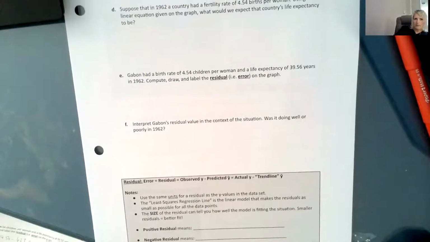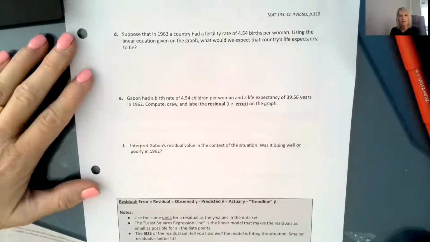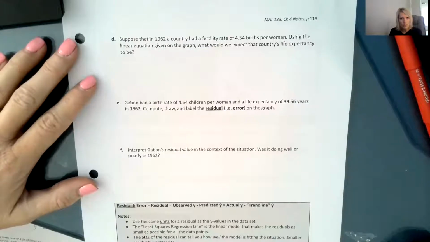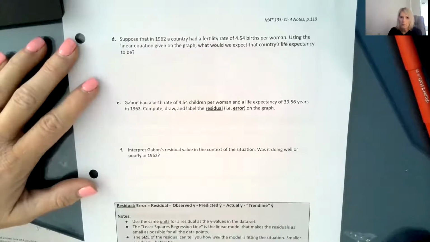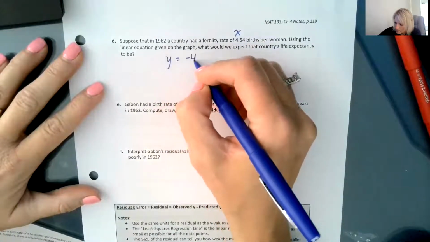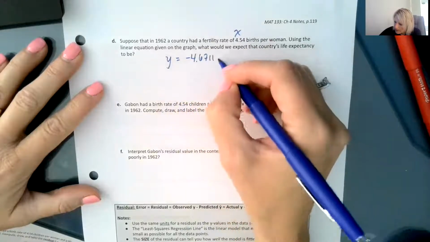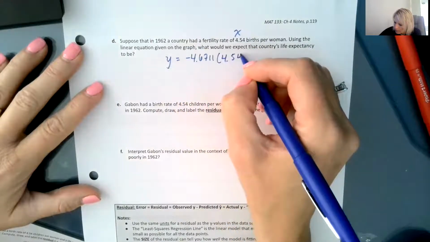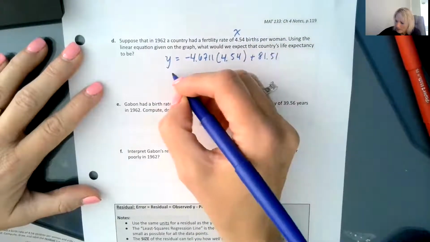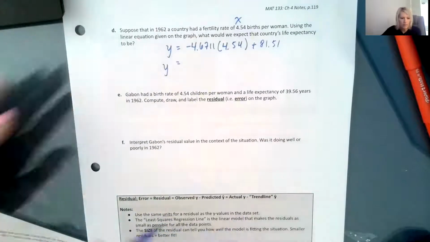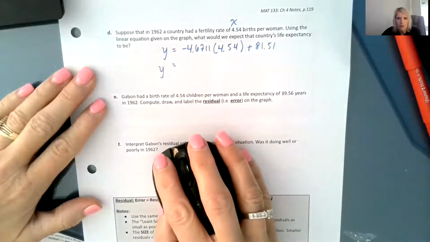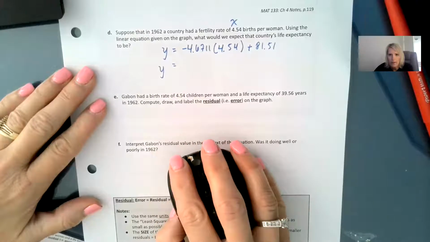D says, suppose that in 1962, a country had a fertility rate of 4.54 births per woman. Using the linear equation given on the graph, what would we expect that country's life expectancy to be? They gave us the fertility rate this time, so we can just put 4.54 births per woman in for x. You can do this in Desmos, or on a TI-84 calculator or another calculator.